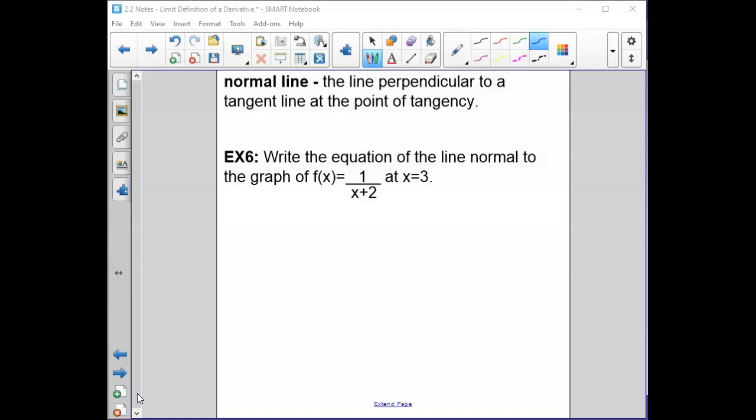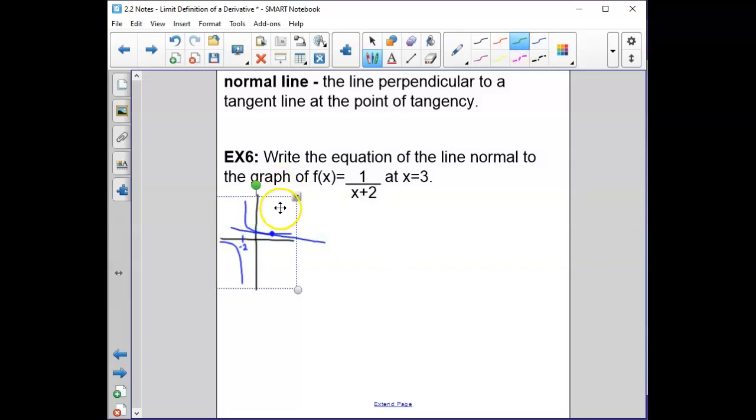For example, here we are looking at a rational function. If we think about our x and y axis, this rational function has been moved to the left 2. So it would look something like this, and this would be -2. We're looking at x equals 3, so we're over here somewhere, and our tangent line would look something like this.